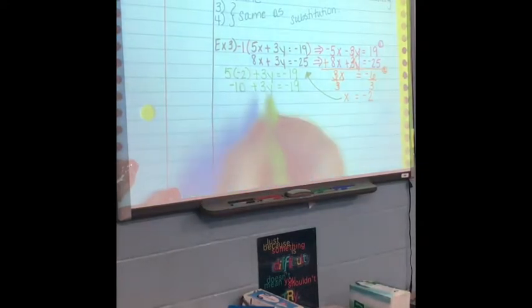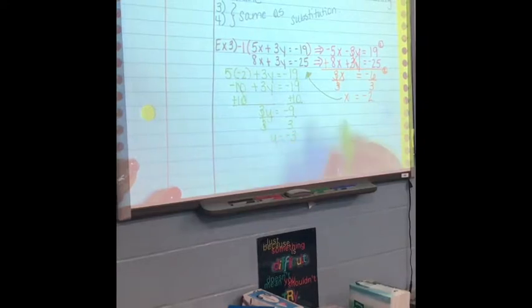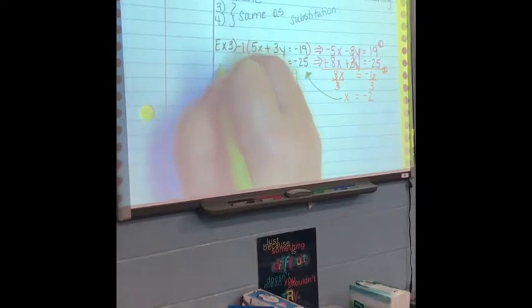So I'm going to solve my two-step equation here by adding 10 to both sides. That leaves me with 3y equal to negative 9. I'm going to divide by 3, and I get y equal to negative 3. This is all part of step 3.